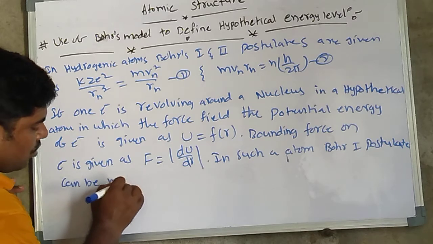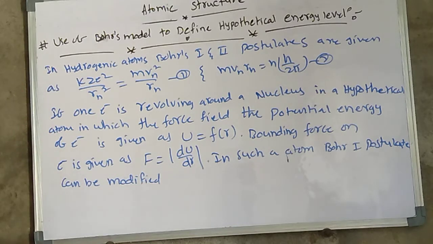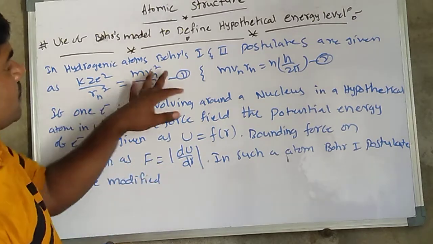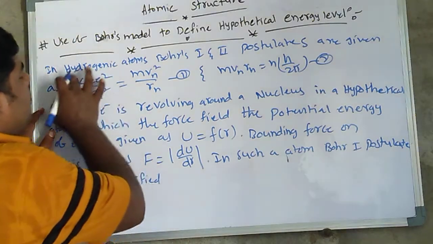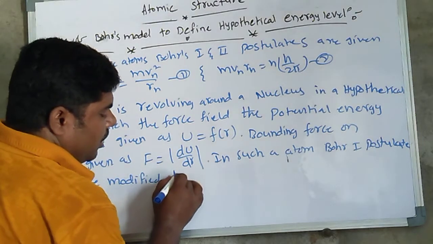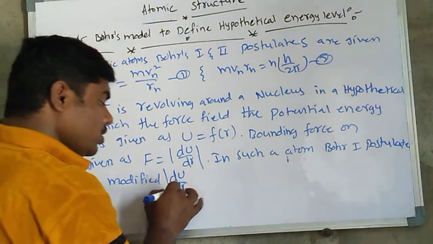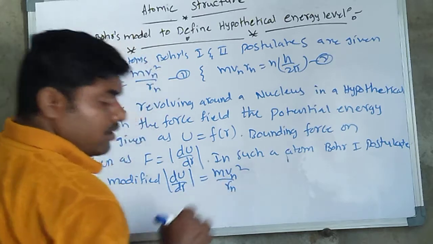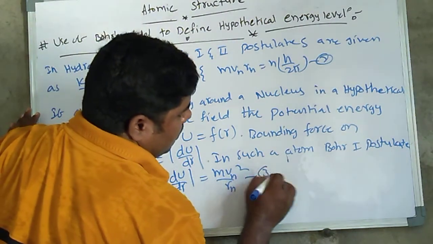This energy is nothing but the potential energy. So the magnitude of dU by dr should be equal to m vn square divided by rn. This is the third equation.